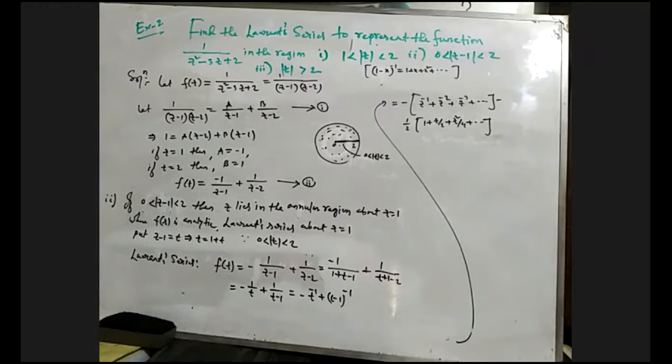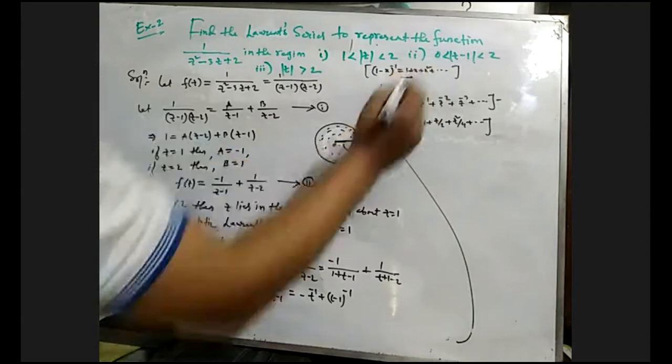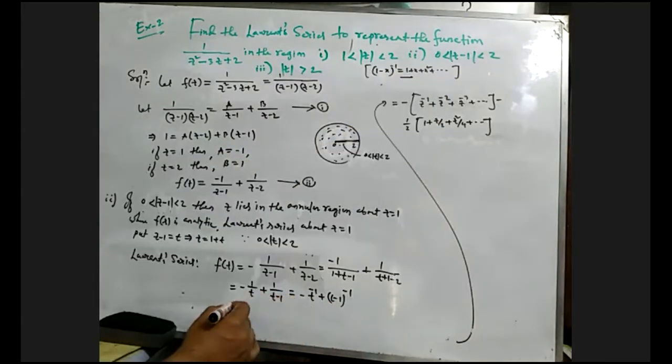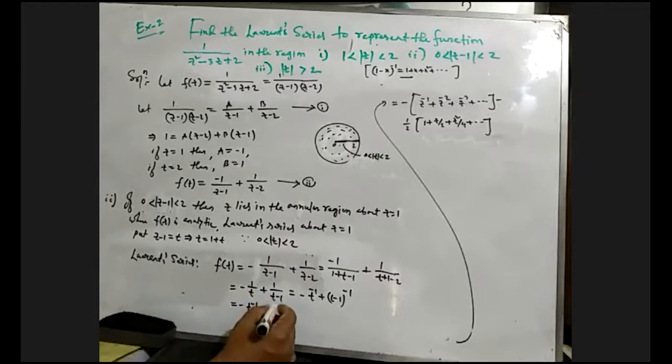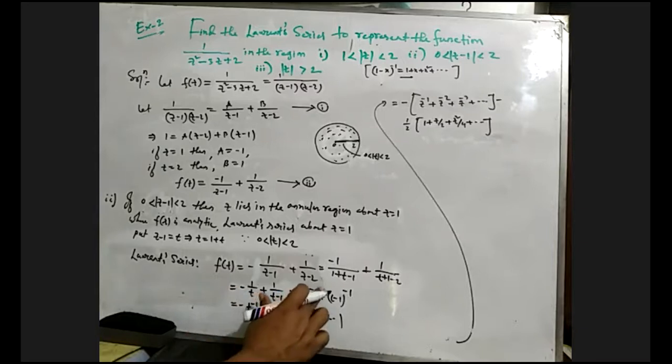Now we can expand using the series for (1 minus x) whole to the power minus 1. We write minus t to the power minus 1 plus 1 plus t plus t square plus t cube plus dot dot, the whole series. But in that case, it will become minus.